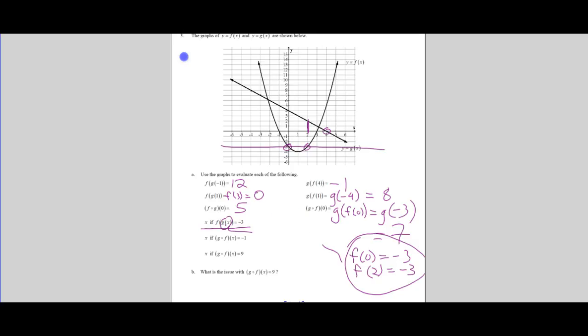Let's clean that up. Okay, so does that make sense? First, just say, what are the inputs? What we're doing here is saying, what are the inputs to f that will give me a negative 3? Draw a line along negative 3 and say, okay, if you put in x is 0, you're going to get out negative 3. So f of 0 is negative 3.